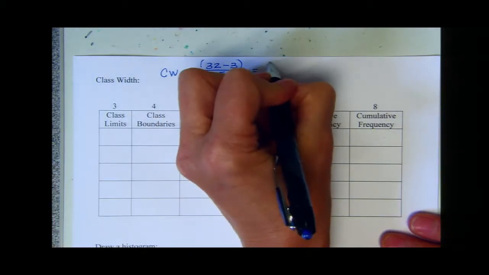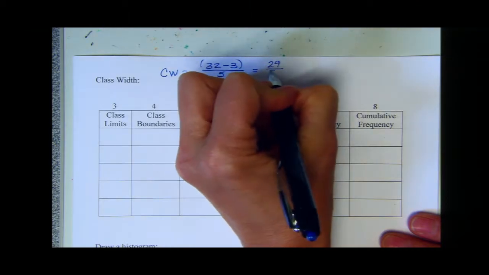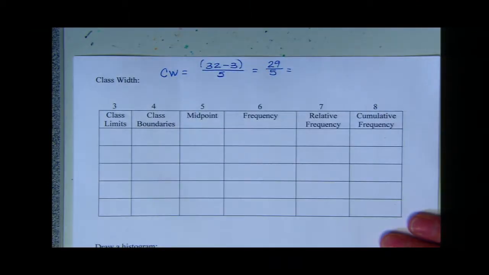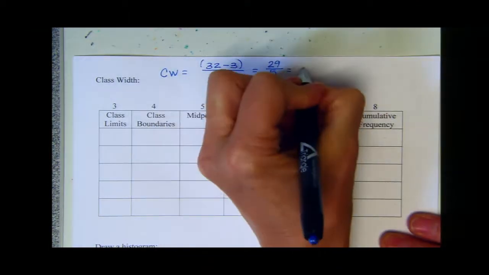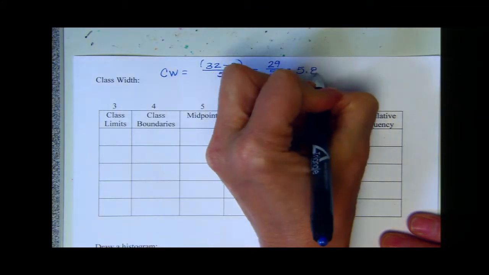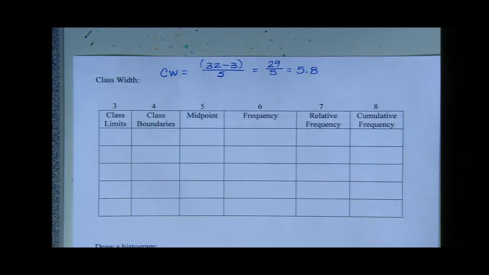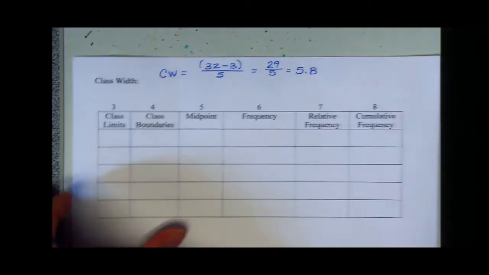So this would be 29 divided by 5, and when I go to my calculator, I get 5.8. Now, in this particular example, we had a terminating decimal. Sometimes it will repeat, sometimes it'll just go on forever and never stop. So it doesn't matter, but the same rule applies.